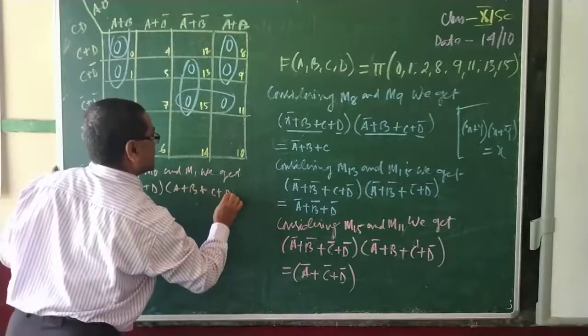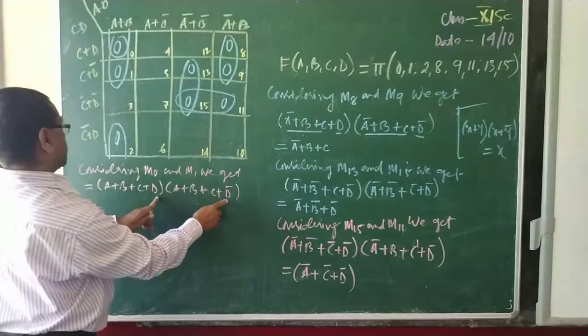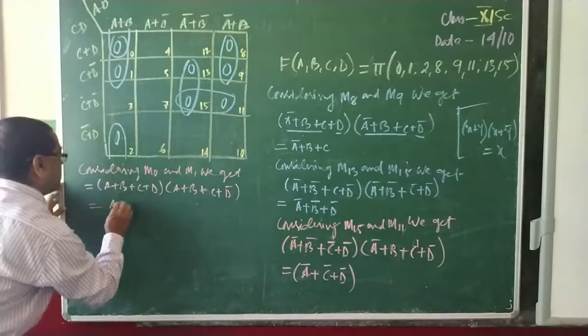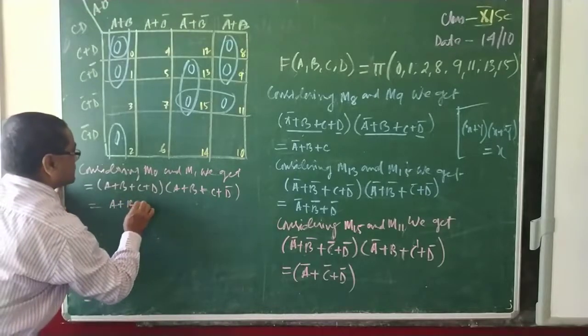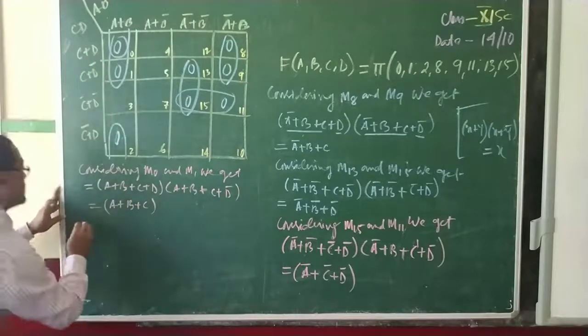So from here, D plus D complement will be eliminated, and the answer will be A plus B plus C.